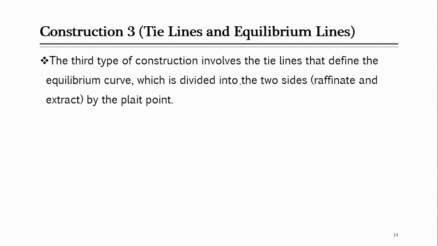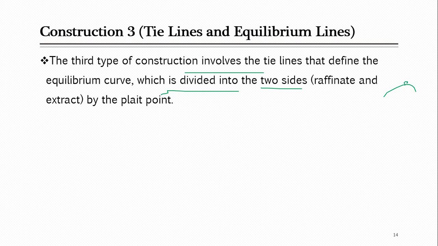So look here, the third type of construction involves the tie lines that define the equilibrium curve, connecting the two points, extract and raffinate, on the equilibrium curve. The tie lines divide this system overall into raffinate and extract by the plait point.